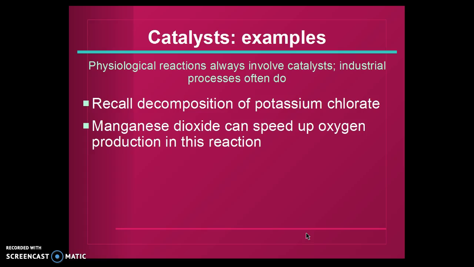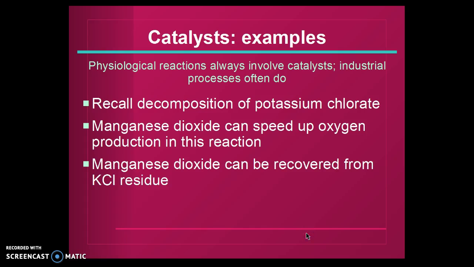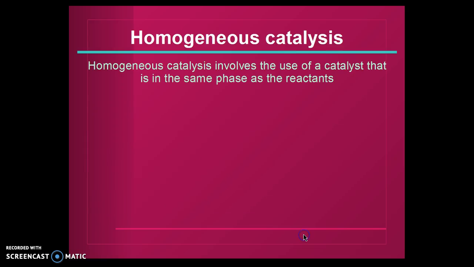If you mix in the black powder manganese dioxide, that will speed up the oxygen production. And then you can recover the manganese dioxide by dissolving or slurrying up all the product with the manganese dioxide and filtering the manganese dioxide out. Catalysts, therefore, can be reused, perhaps after some reprocessing.